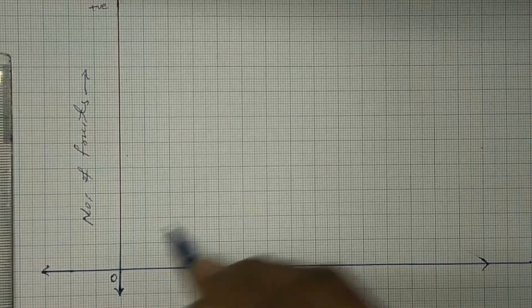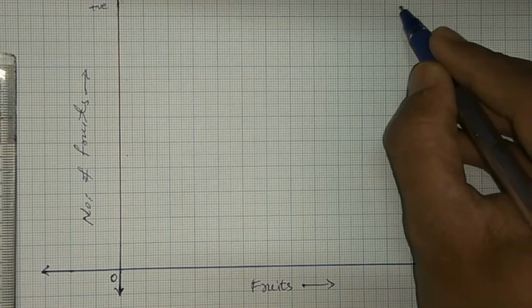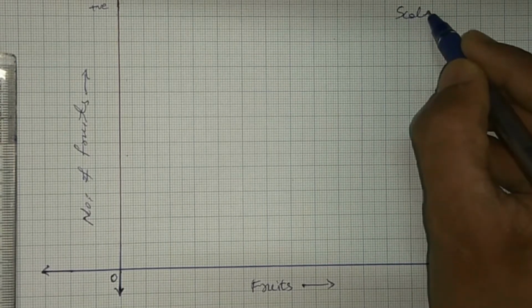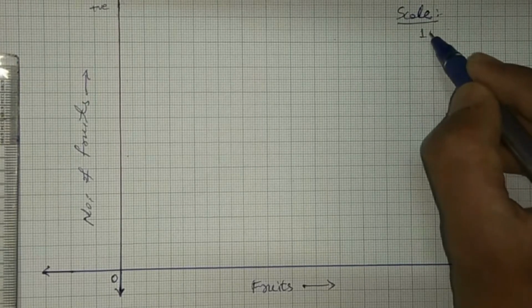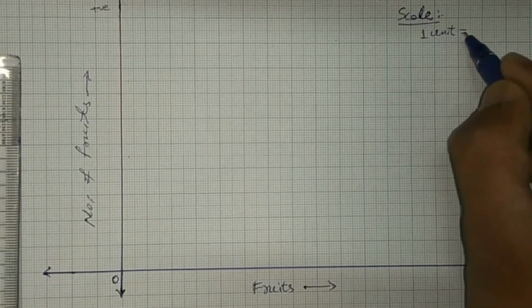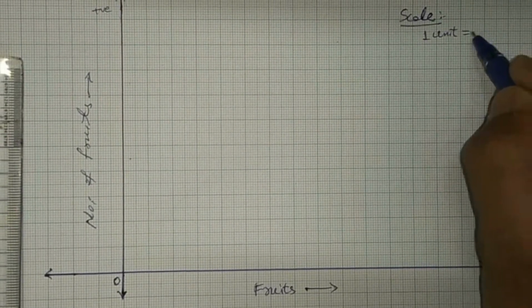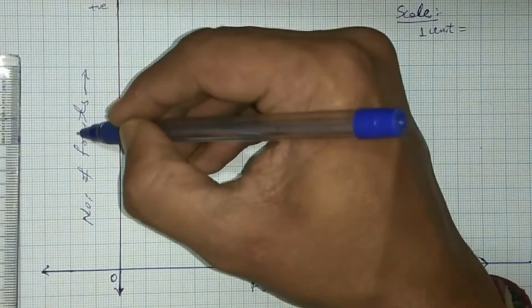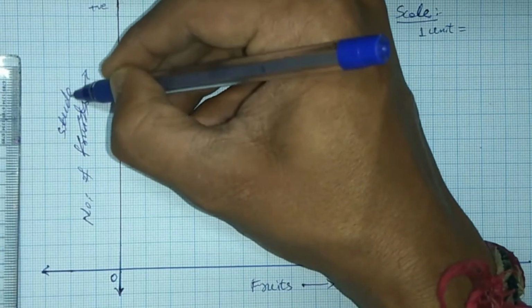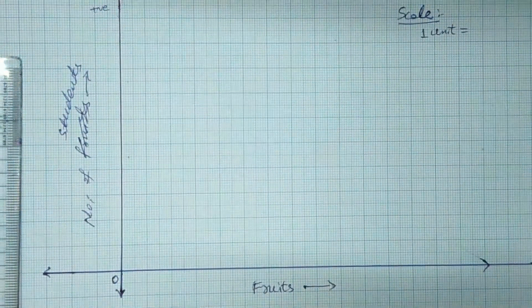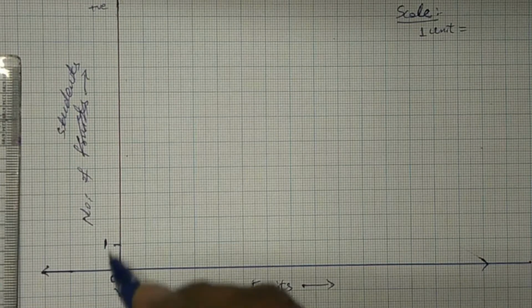Here we will take a scale. As I mentioned, 1 unit is equal to how many students. Here it is mistakenly written, it is the number of students. So, here I will consider this as 1 student.